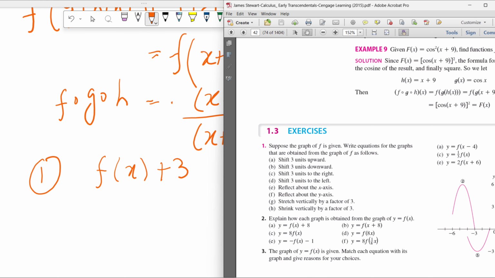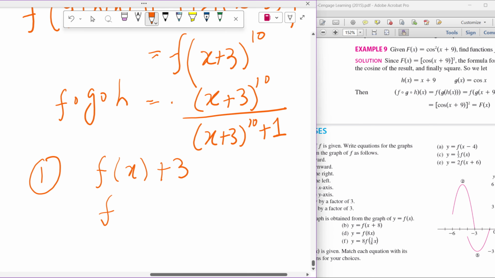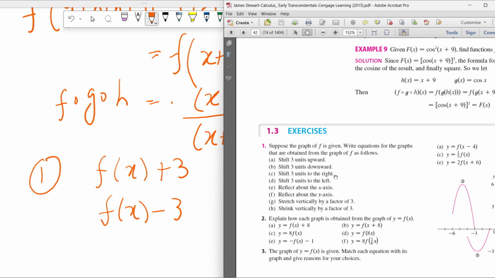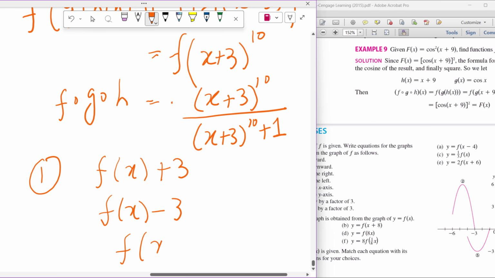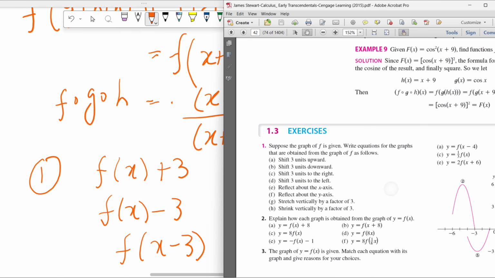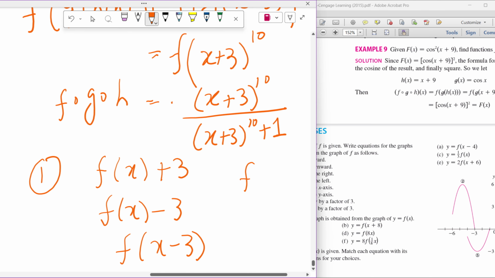If the graph shifts 3 units downward, I can write f of x minus 3. If the graph shifts 3 units to the right, I can write f of x minus 3. If the graph shifts 3 units to the left, I can write f of x plus 3.